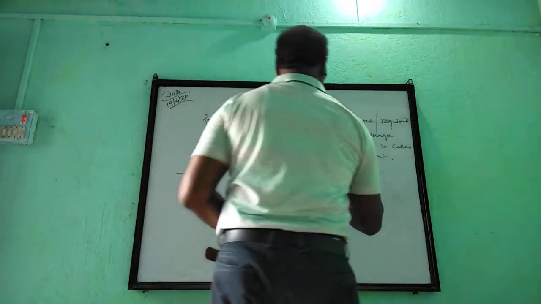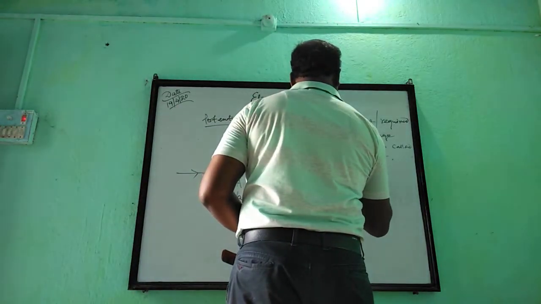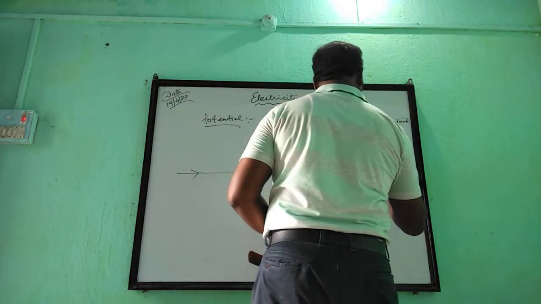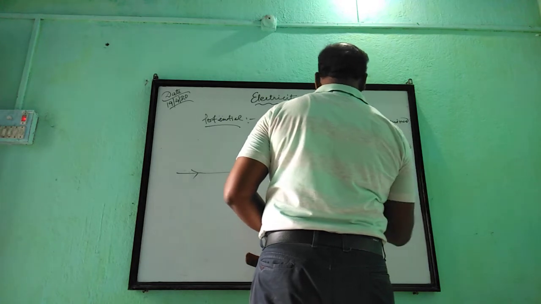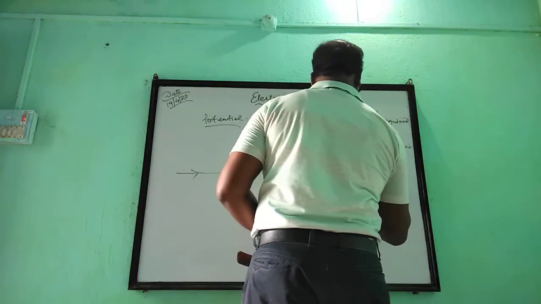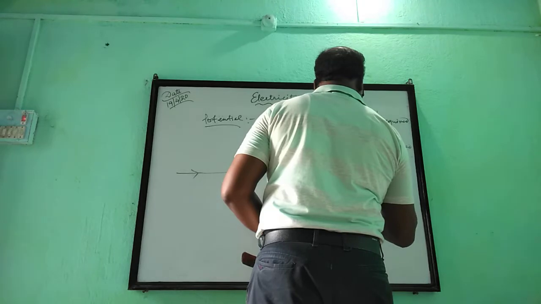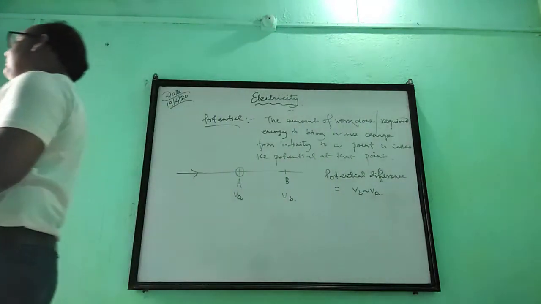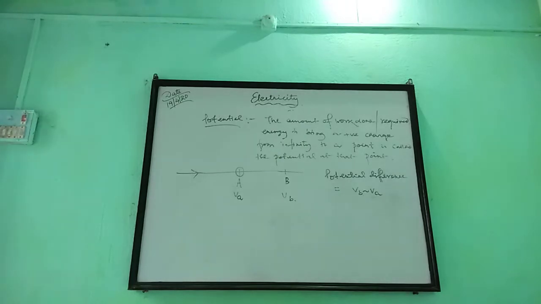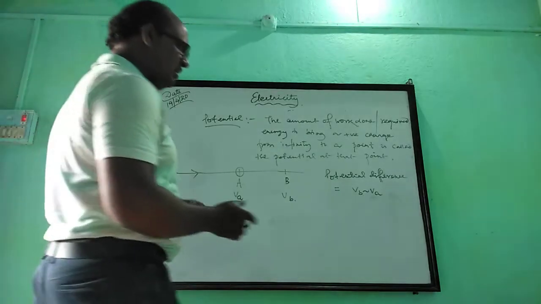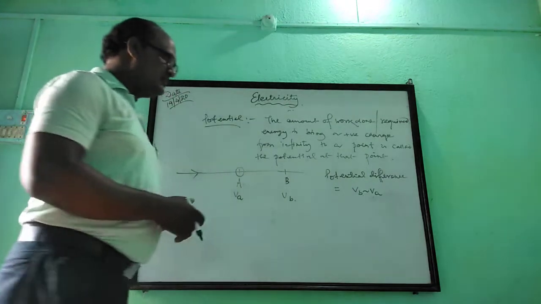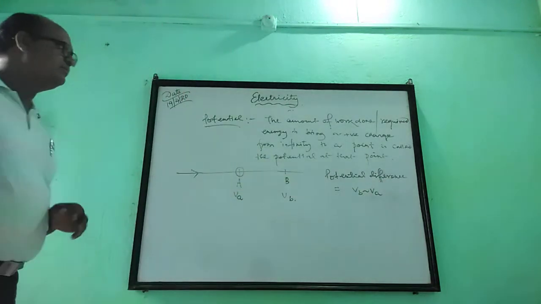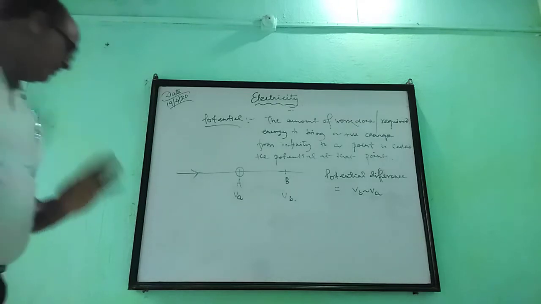Then the potential difference equals VB minus VA. Only the difference we take here, not the sign. That is why I put this sign. This sign means the difference, not positive or negative. Okay, this is the potential and potential difference.